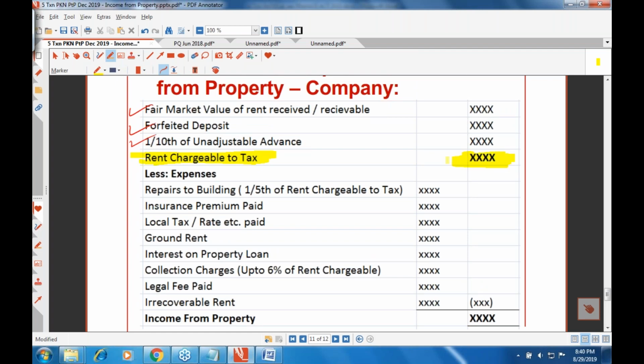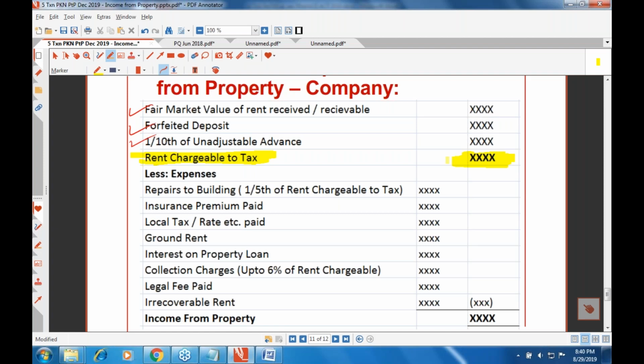Now, when we get the rent chargeable to tax, what next needs to be understood?